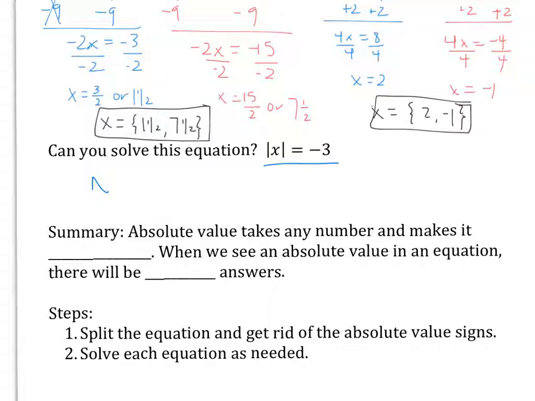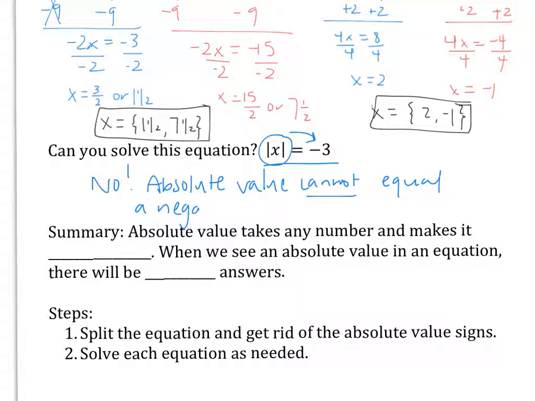No, you can't. And the reason we can't is because this is saying the absolute value of x equals a negative number. The absolute value cannot equal a negative number.